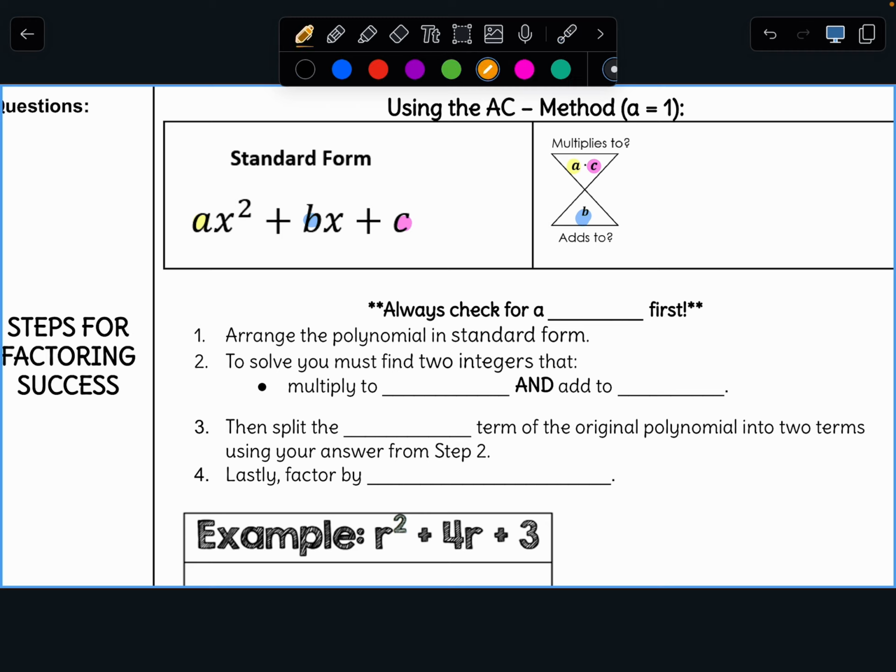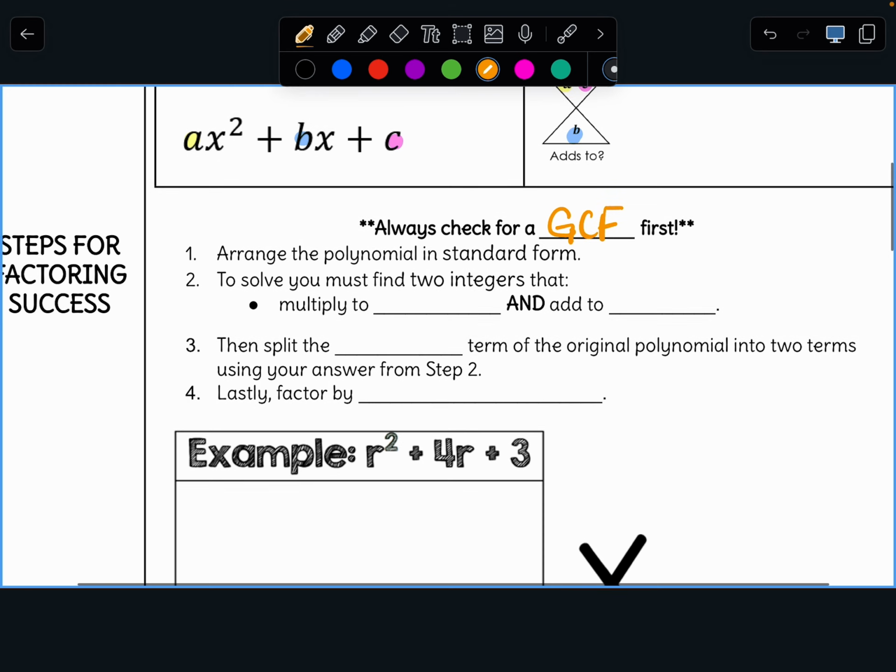So the way we start this is that we always check for a GCF first. Can I factor out a 2 from everything or a 7 from everything? Can I find a GCF? So to solve, we have to find two integers that multiply to equal a times c and add to be b.